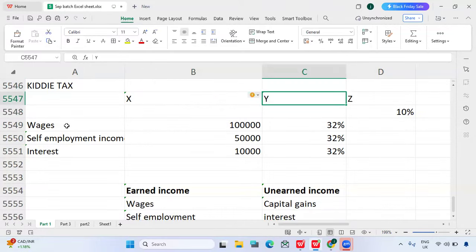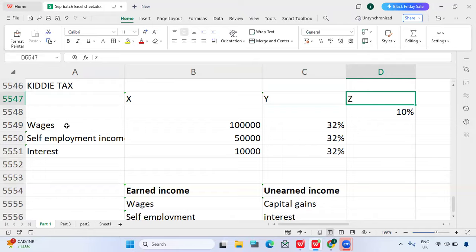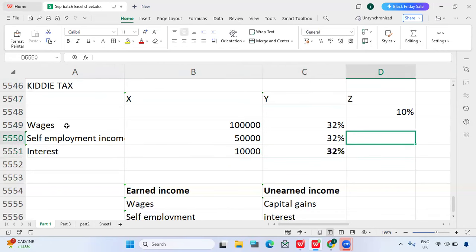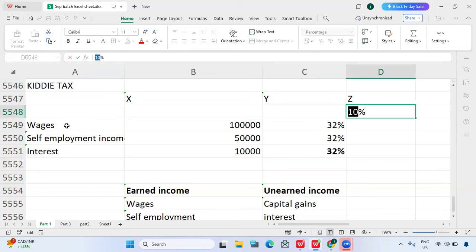If any child is under age 18, or under 24 and a full-time student, then whatever unearned income the dependent has will be taxable at the parents' tax rates. Parents are standing at 32%, so Z also should pay 32%. He cannot escape from paying income tax.